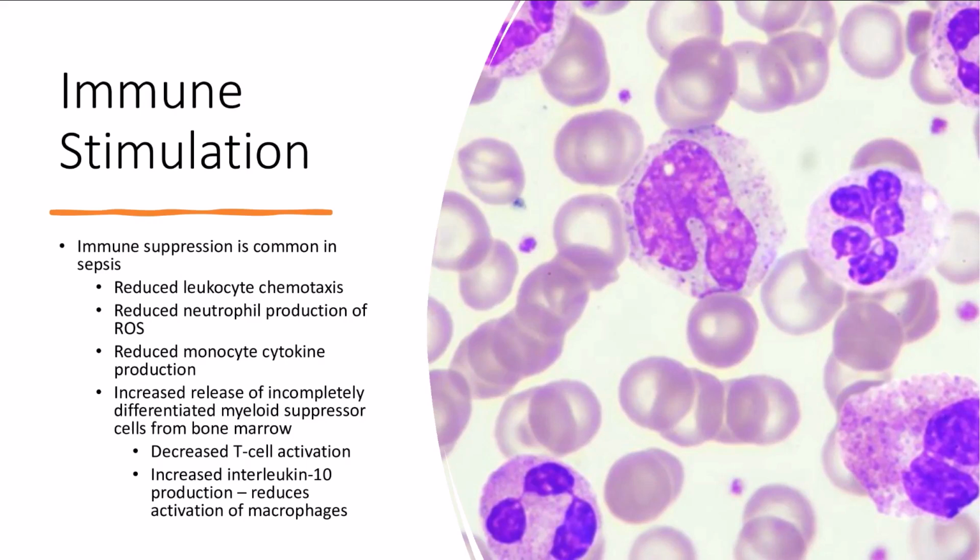I think superoxide, for example, would be one, ozone, hydrogen peroxide, those kinds of products that are involved in innate defense. There's reduced monocyte cytokine production, so the chemicals that help mediate or modulate the inflammatory response are reduced. There's increased release of incompletely differentiated myeloid suppressor cells from the bone marrow, leading to decreased T cell activation and increased interleukin-10 production.